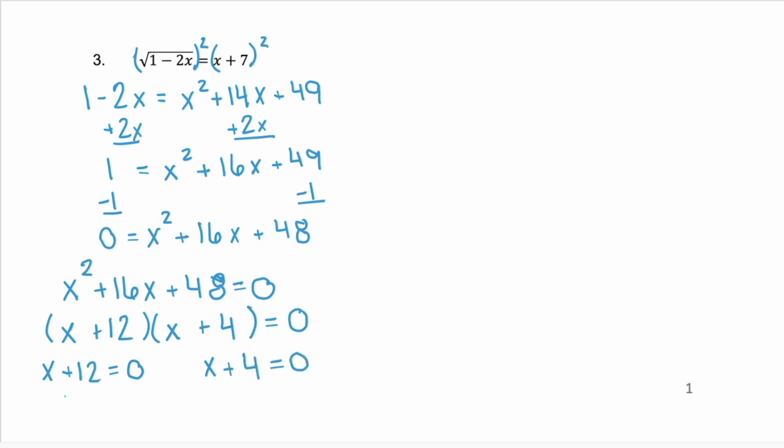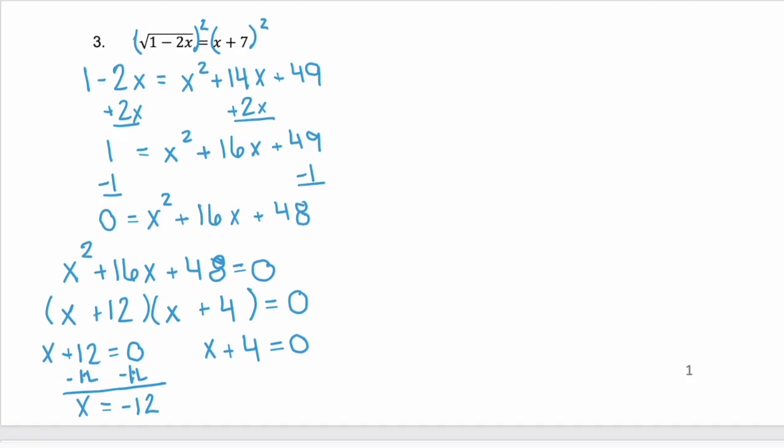And we need to solve each of those. So subtract 12. So one possible answer is x equals negative 12. And the second one, subtract 4 from both sides, and we have a possible answer of x equals negative 4.